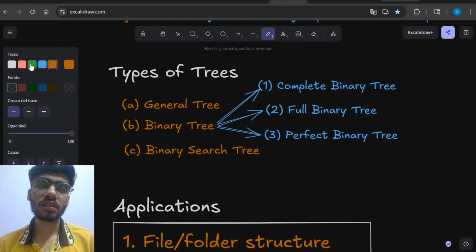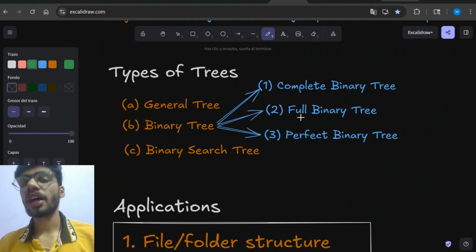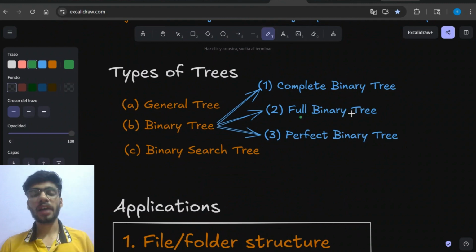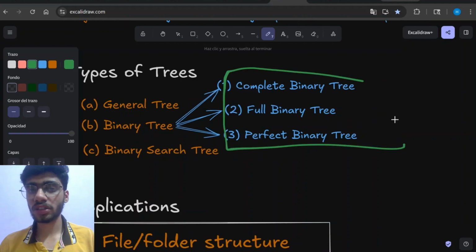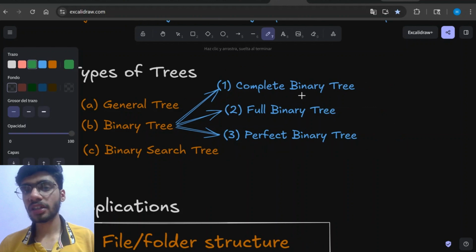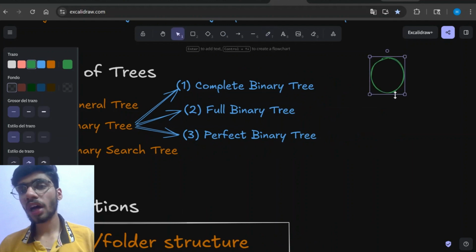So let's take the three important types. One more important type is balanced binary tree, which we study in some other class. But let's talk about these three important binary tree types. The complete binary tree is a tree in which our nodes are filled from left to right.